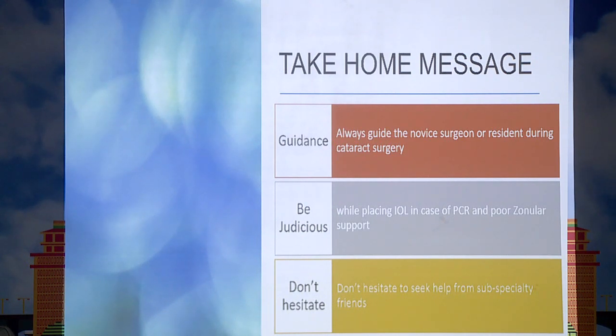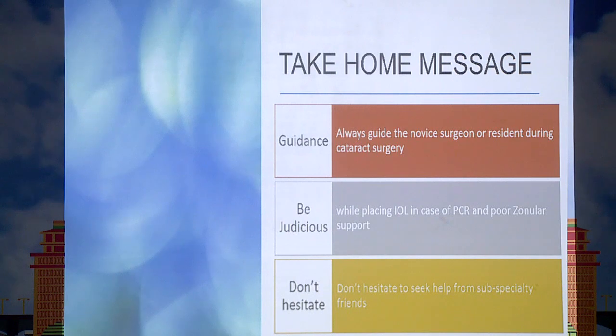If we are with them, observing and telling them that the zonules are not adequate or the PCR is not enough, you cannot place that IOL, then we can prevent these things.